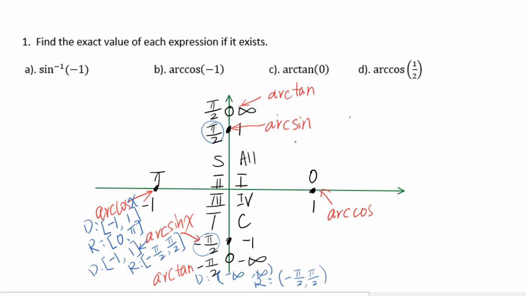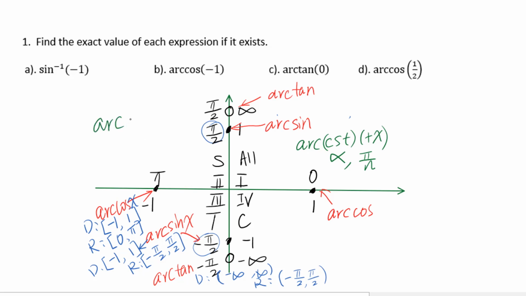Then we know in the first quadrant, arc cosine of positive x will be in the first quadrant. We will use the reference angle alpha. For a special angle, we use pi over n.